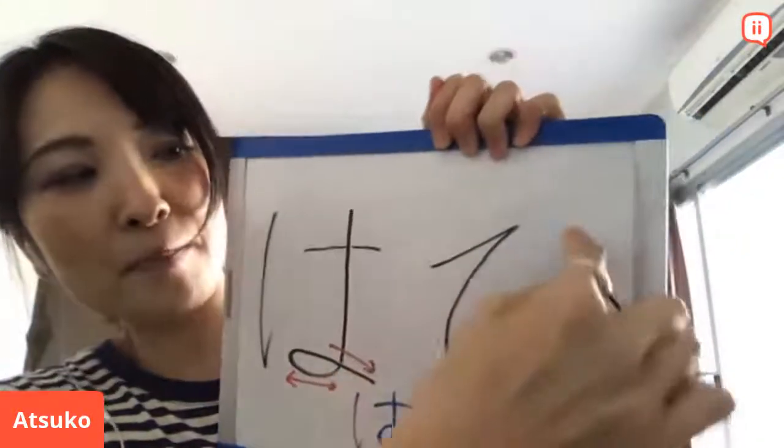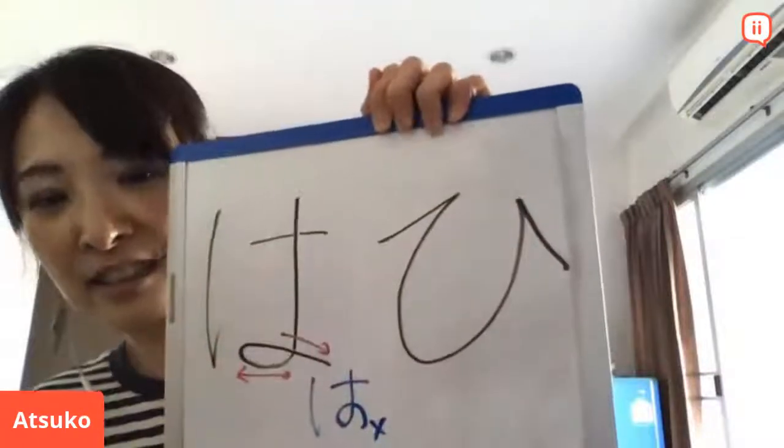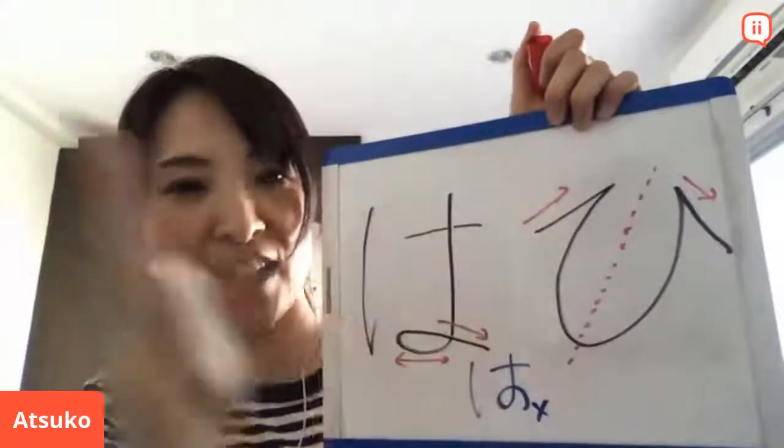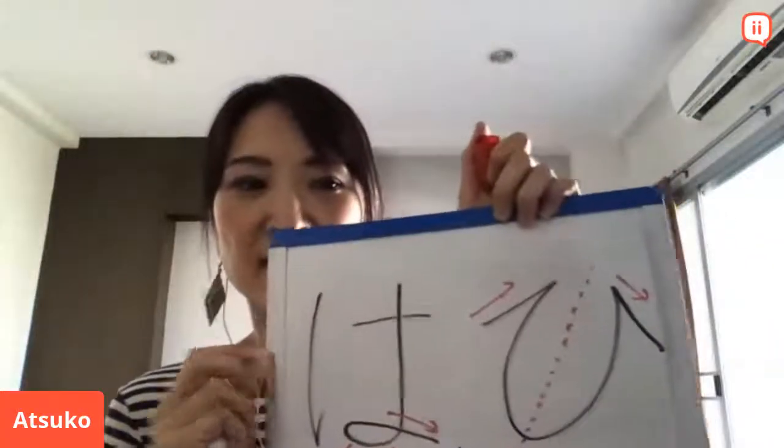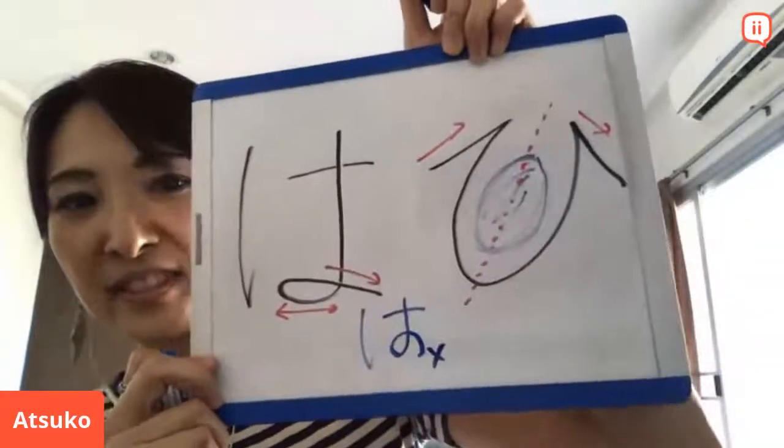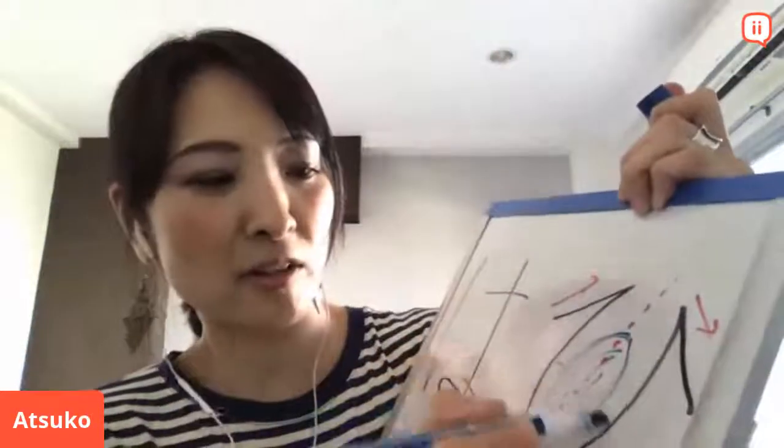curve, go up, down. Please look at the axis of this hiragana. Imagine there is an egg here. The width of this point is wider than this point.